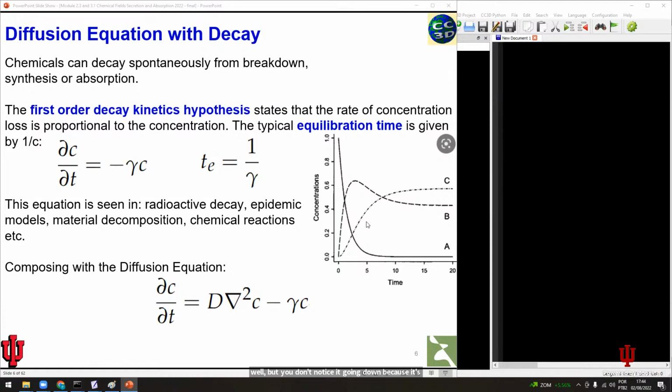So we have synthesis and decay, but it is decaying. You only see the decay as a curve once it passes the peak, the maximum value. So you can say it is decaying all the time, generating C, and then it stops decaying only when it reaches the equilibrium with C. Okay.